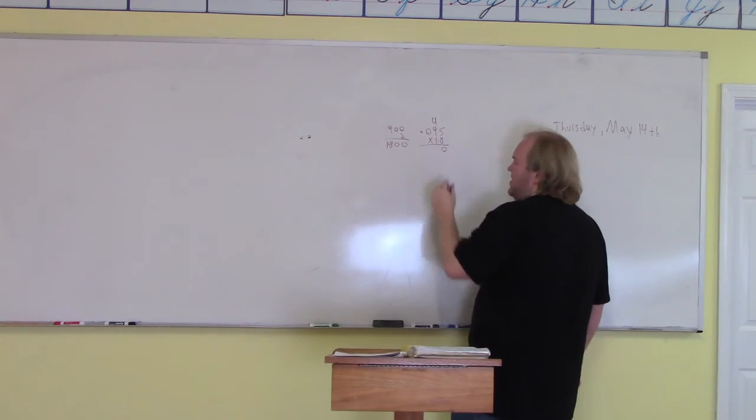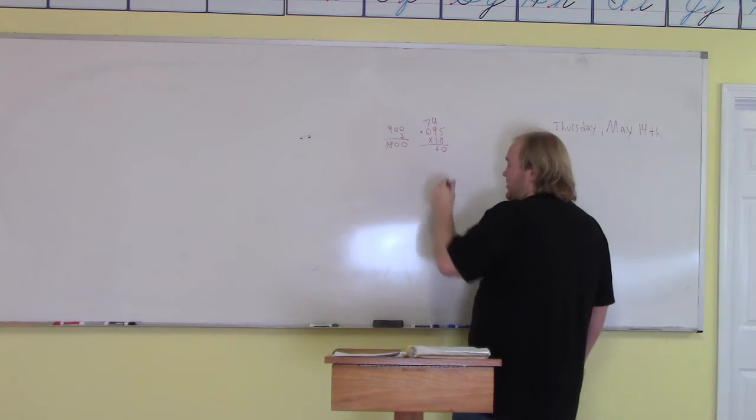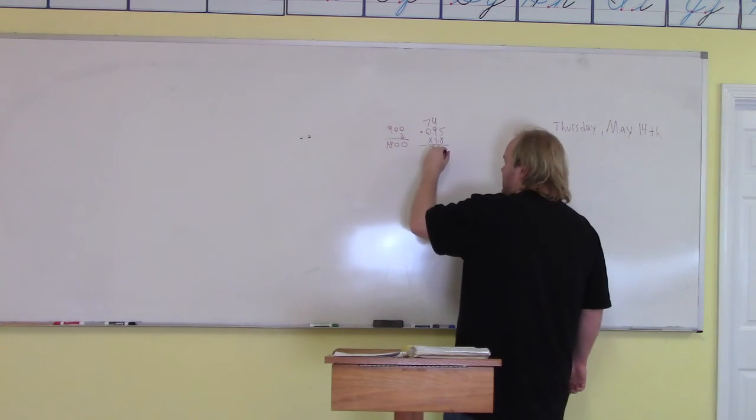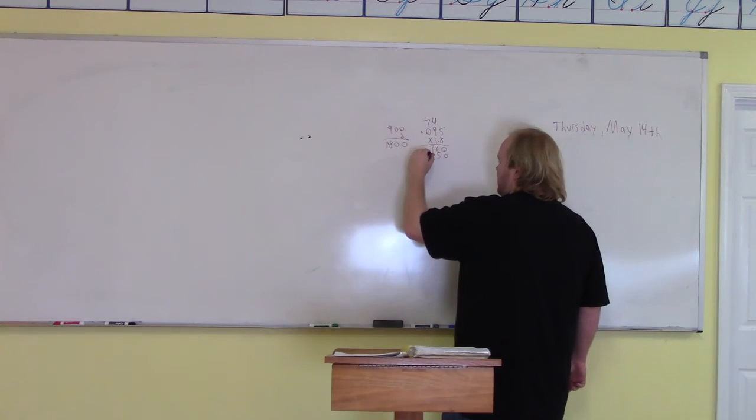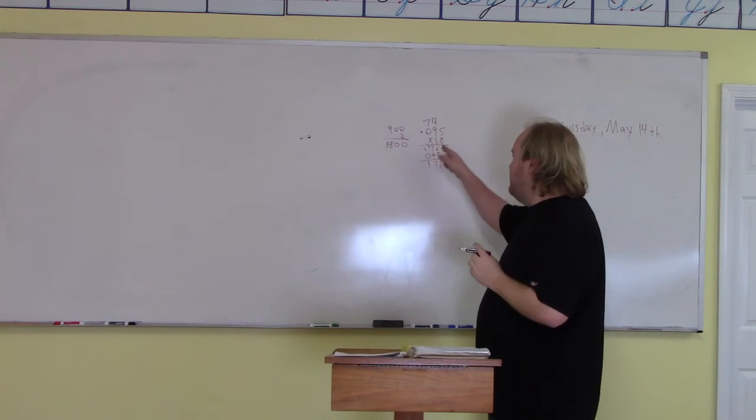8 times 9 is 72, plus 4 is 76. 8 times 0 is 0, but we have a 7 to carry. Drop our 0, 1 times 5 is 5, 1 times 9 is 9, 1 times 0 is 0. Then we add together. And we have 4 decimal places.